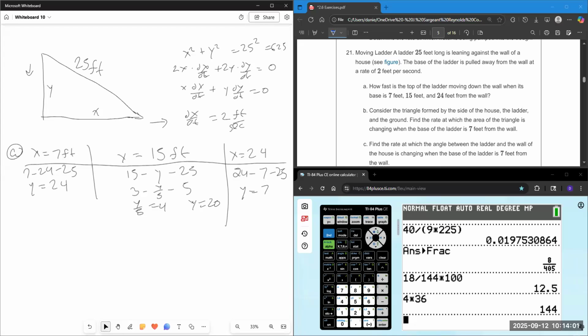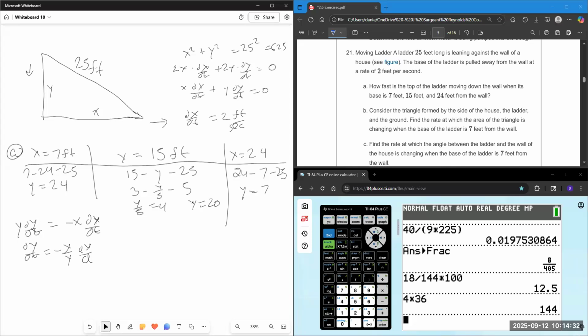So let's find dy/dt. So y dy/dt is equal to negative x dx/dt, and dy/dt is equal to negative x over y dx/dt.